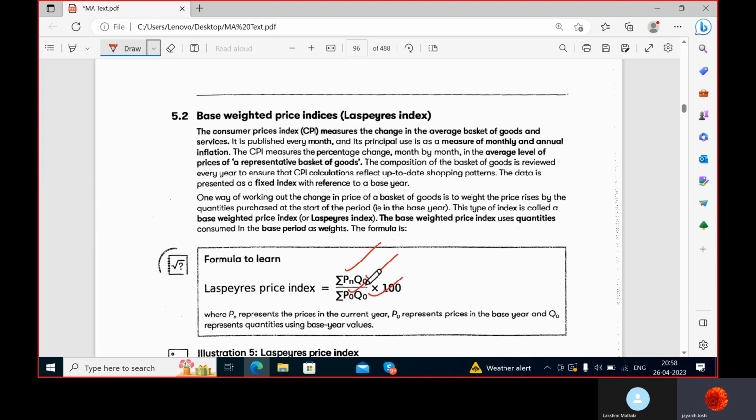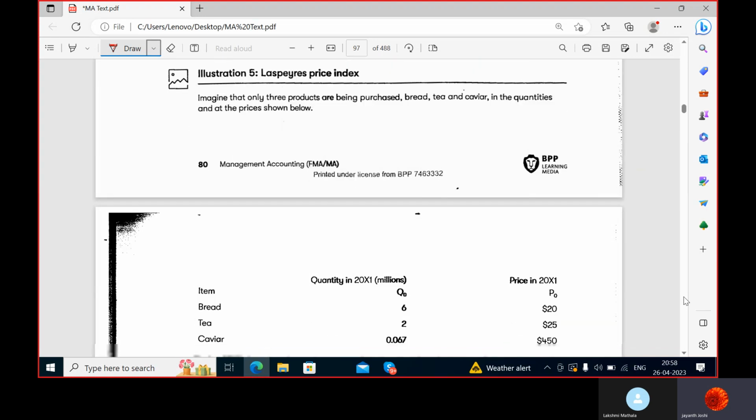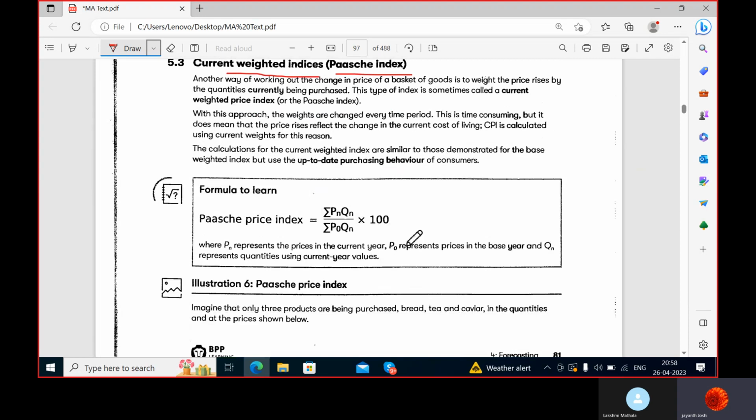That is the previous year quantity, which we multiplied with the current price and the previous price, and saw the increase or decrease. This time we are taking the current year quantity, the current year price, and the base year price. Did you understand?